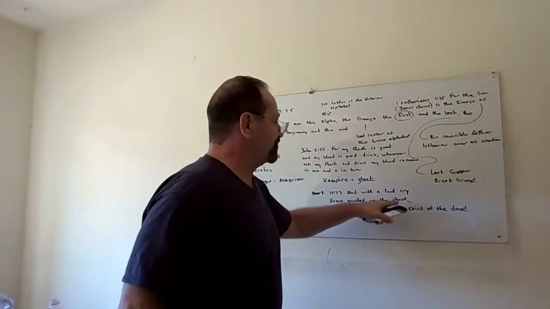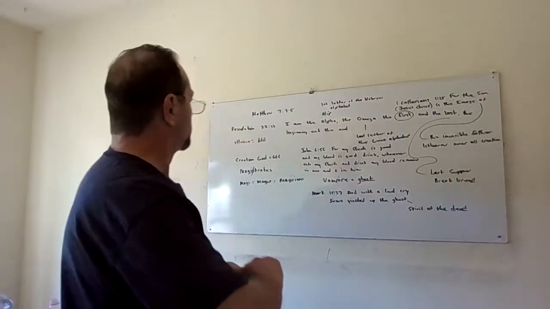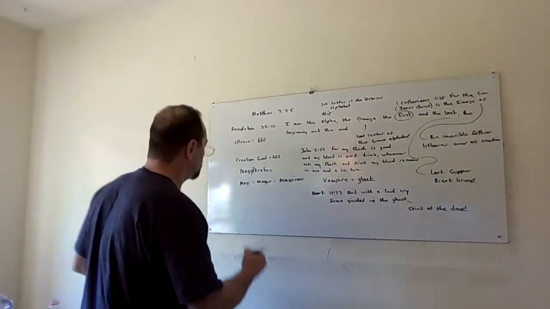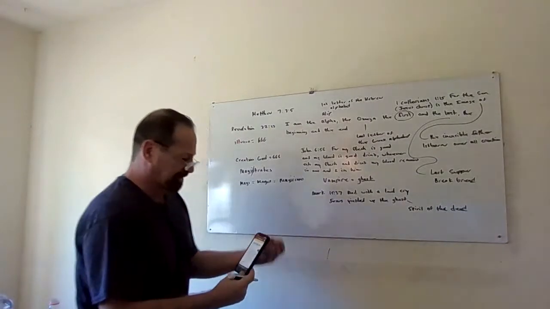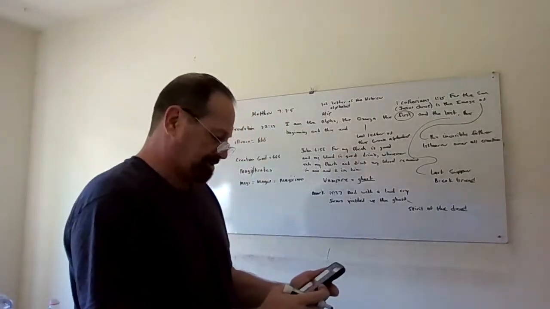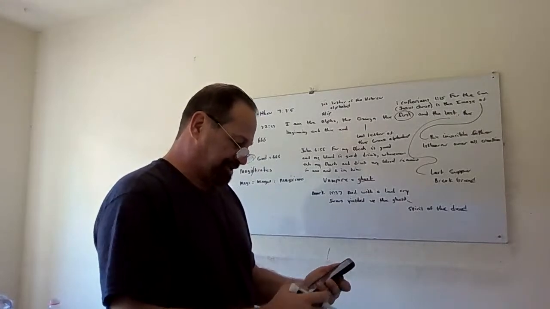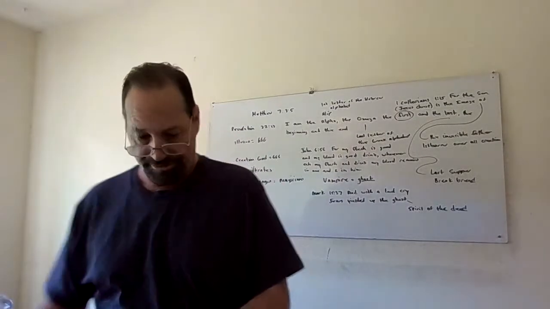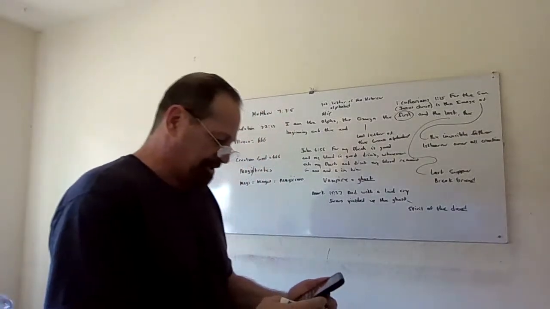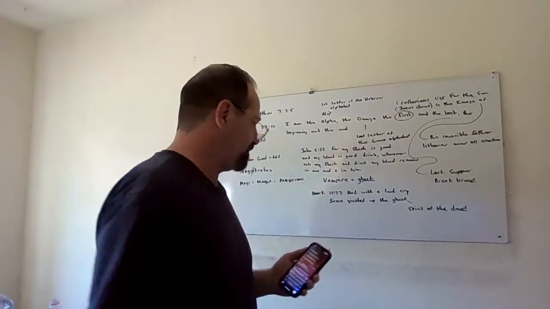So Jesus yields up his ghost. The ghost is the spirit of the dead. Man, you study this Bible as long as I've been studying it, and there's just too much in my head. Hebrews chapter 7, verse 12.